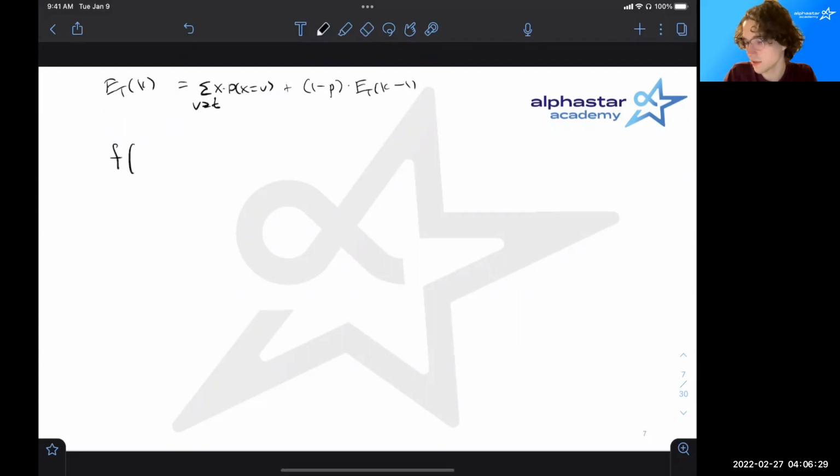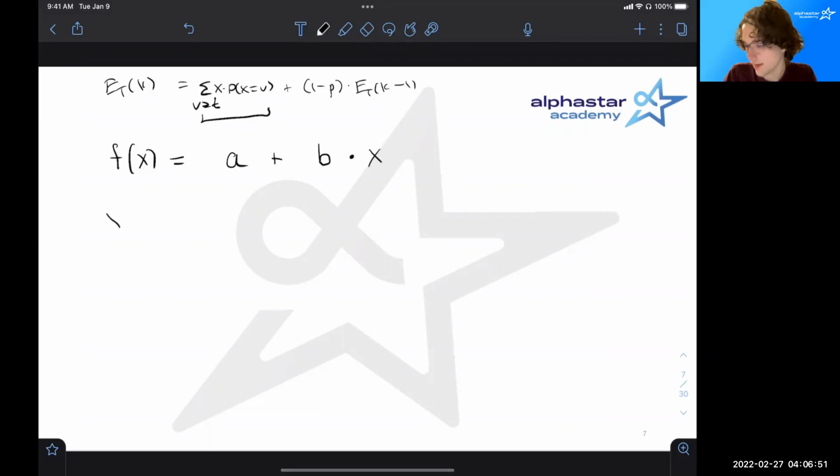So let's just consider you have some function f of x, and if we look here, this is constant until you pass an integer, right? So let's just call that a constant a, plus b being 1 minus p, times x.